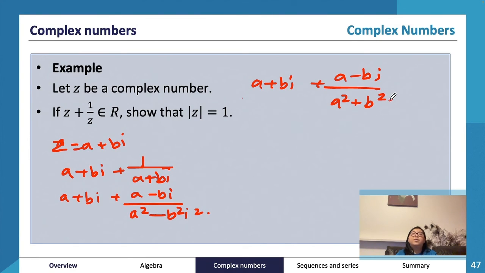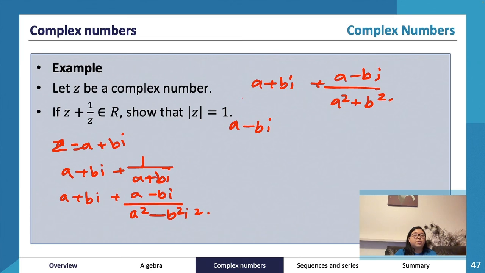So if we need this to be real, the imaginary part on top needs to cancel out, and this part would also need to be real.